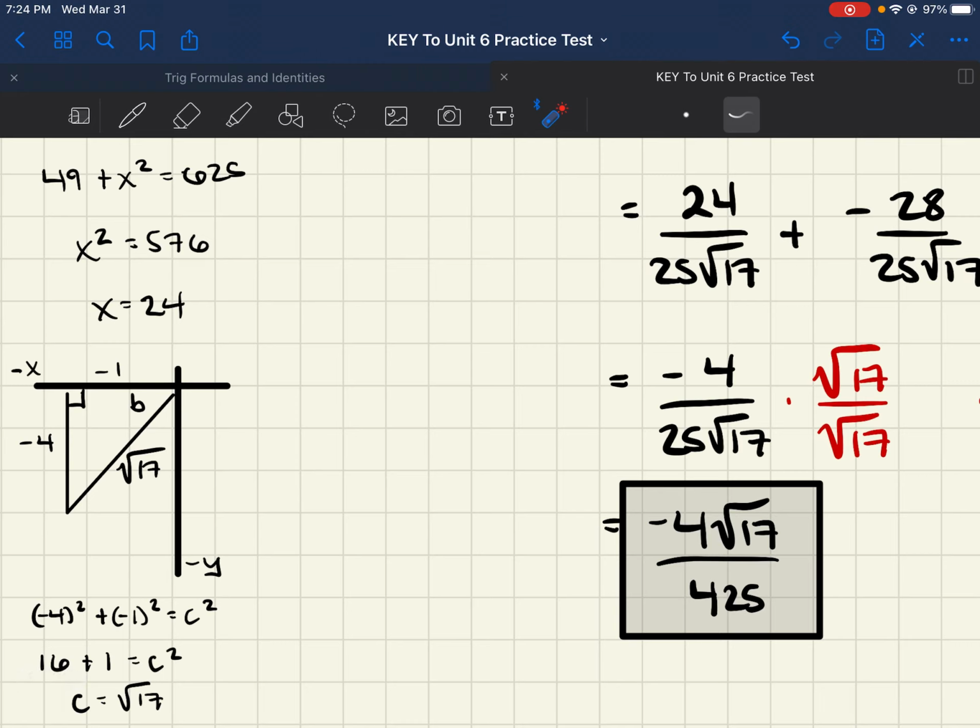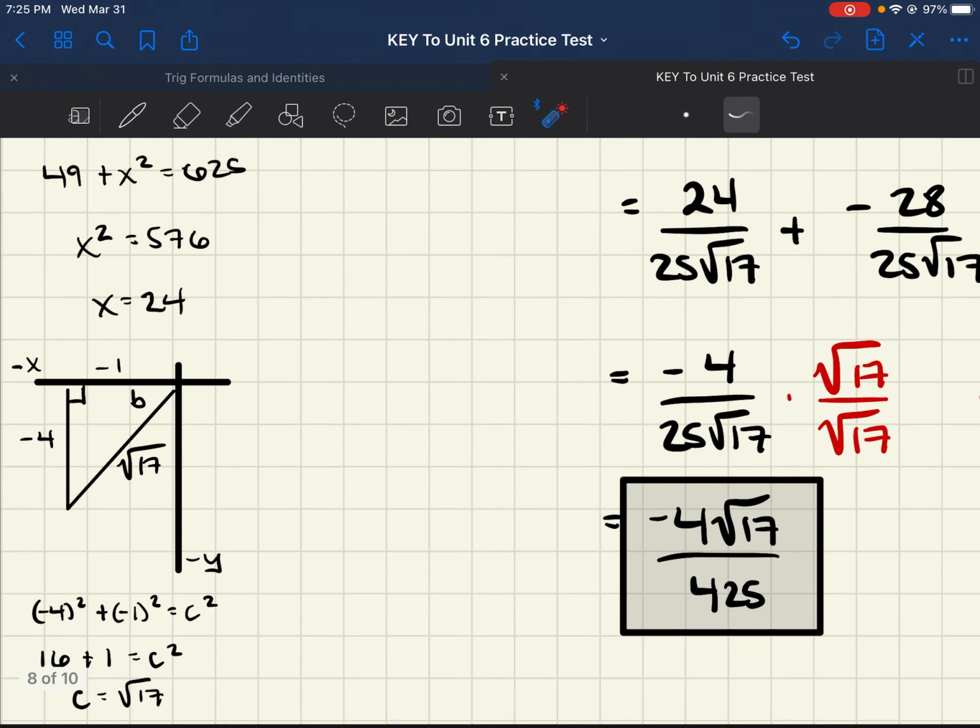If tangent is opposite over adjacent, then opposite has to be negative 4 and adjacent has to be negative 1. They both have to be negative because they're in quadrant 3, with negative x values and negative y values. Negative divided by negative gives you the positive 4. Following Pythagorean theorem, we get our hypotenuse to be square root of 17.